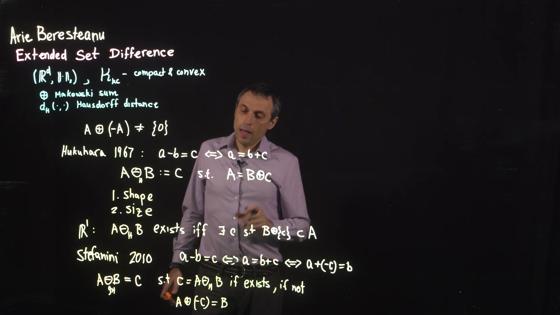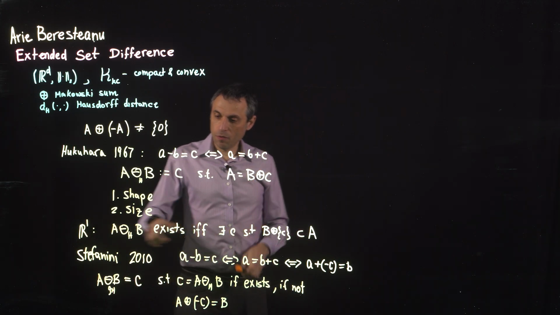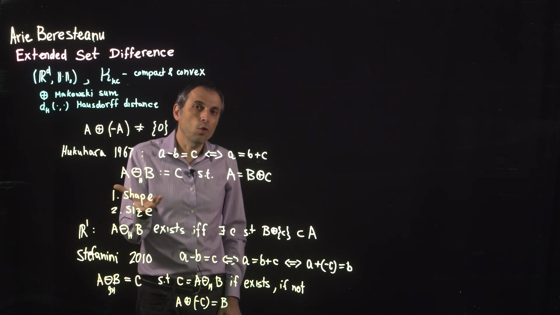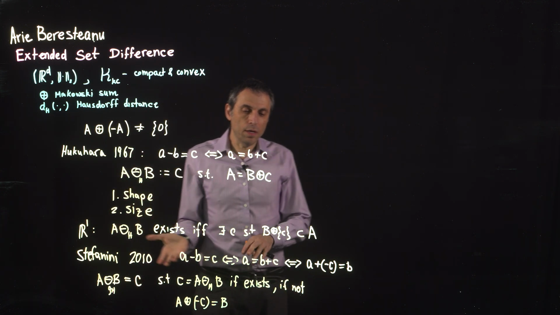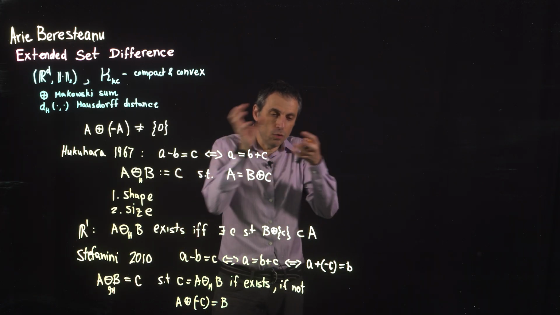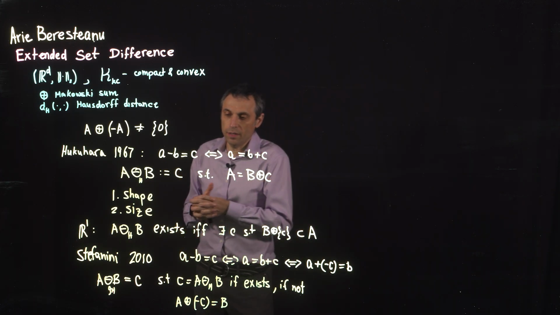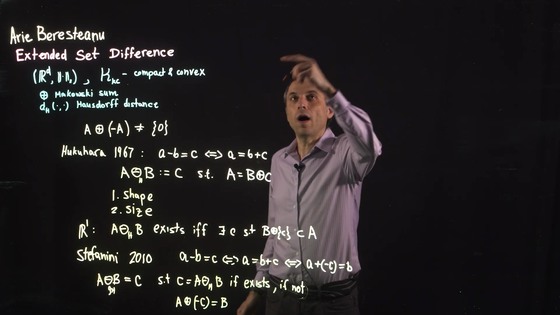Again, the reason why the Stefanini concept exists is because there is no shape issue. They are all of the same shape, and he solves the size issue by saying either we can take B into A or A into B, and that will be how we define the difference. Now, moving to Rd.